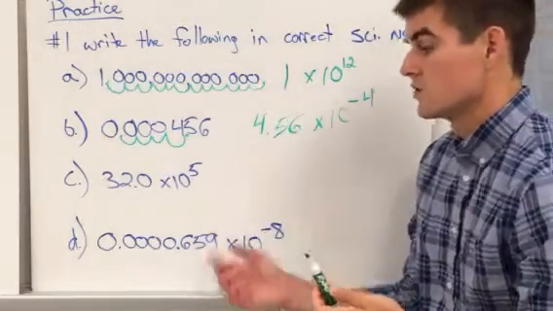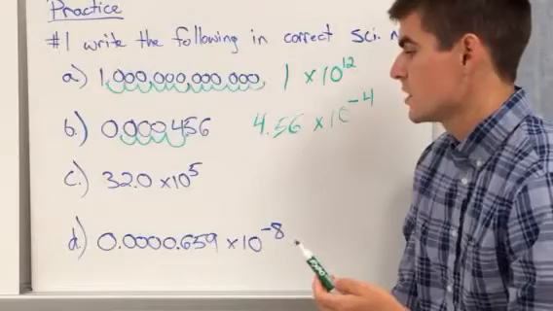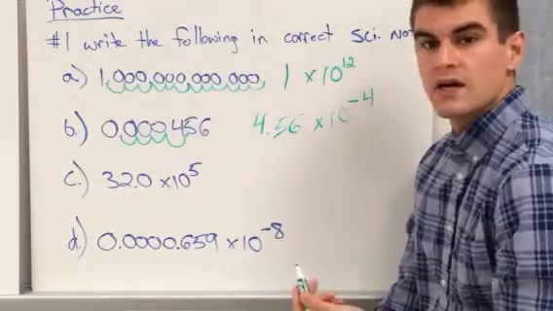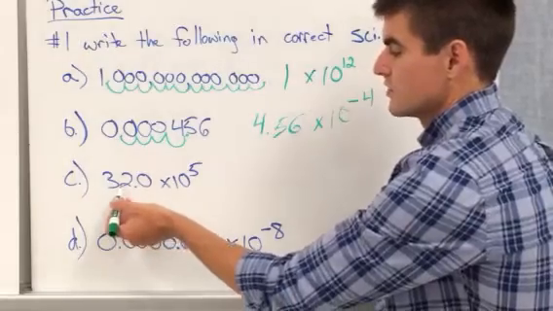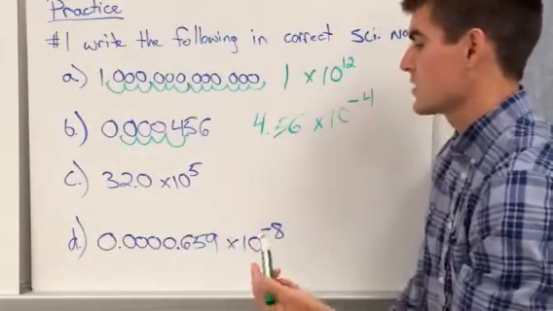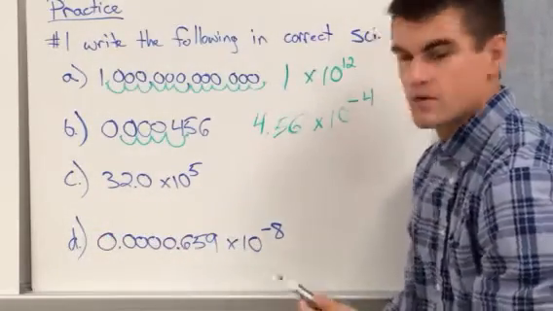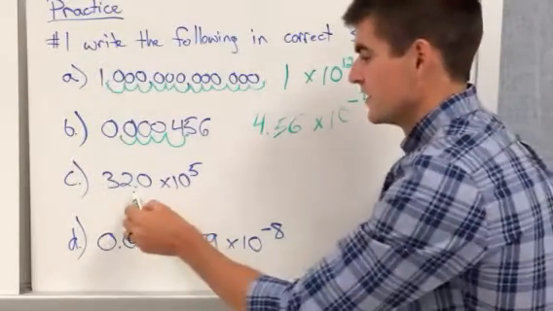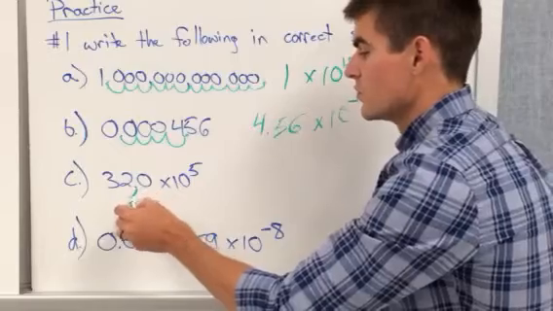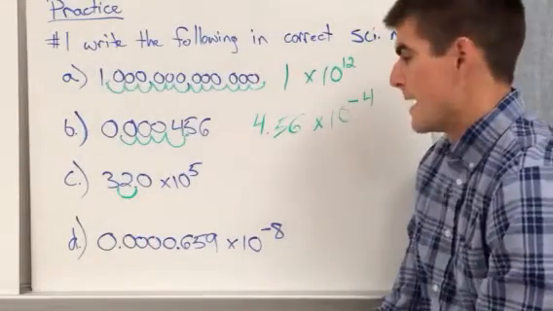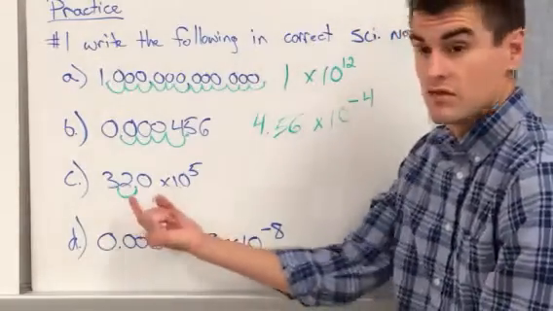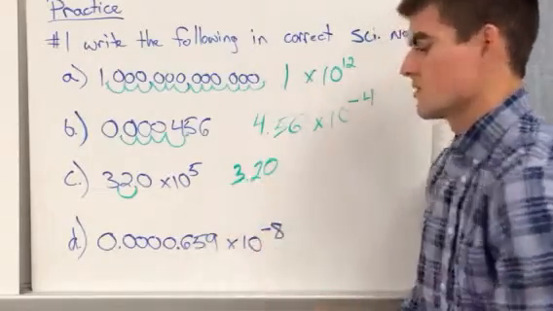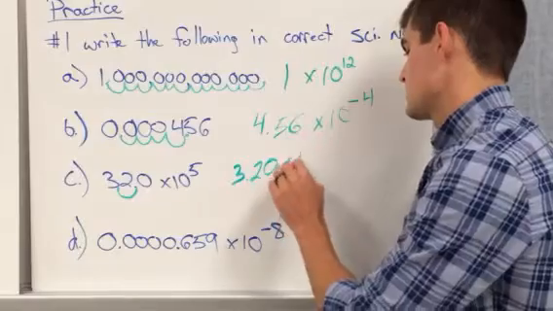Letter C looks like it's in proper scientific notation. It has a times 10, it has an exponent. But if we look, we have 2 numbers to the left, so we have to change that. Same as always, find your decimal. The decimal's here, I need to move it 1 place over. All of those digits are significant, so we'll record our answer as 3.20 times 10.